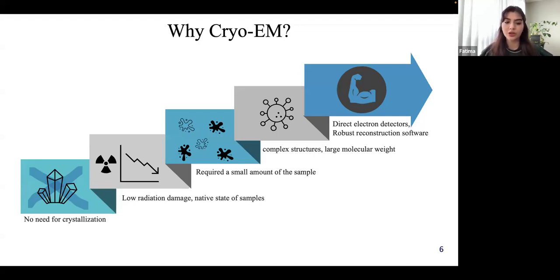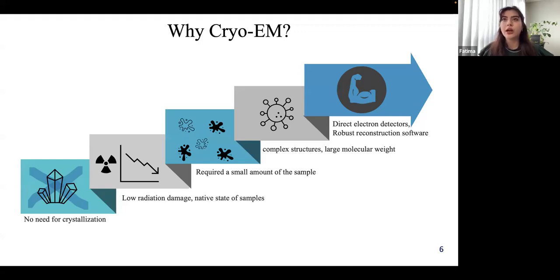This method also requires a small amount of sample, unlike NMR. Sometimes our sample is very expensive, or sometimes it's hard to get. And another one is you can use this technique for complex structures and large molecular weights.